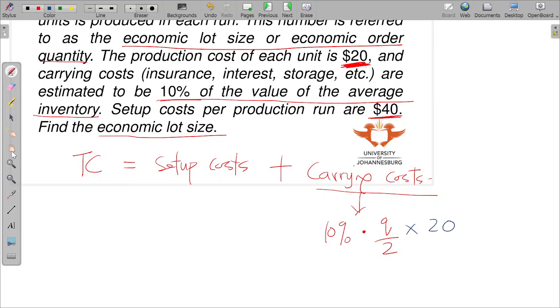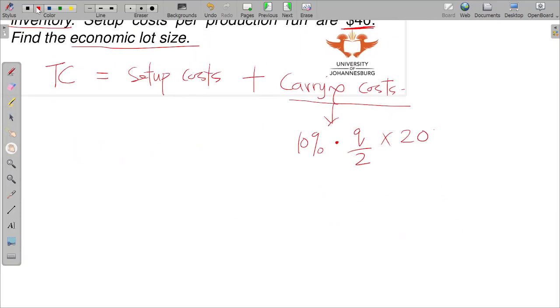So this becomes 0.1 multiplied by 10, multiplied by Q. So carrying cost just gives us Q.